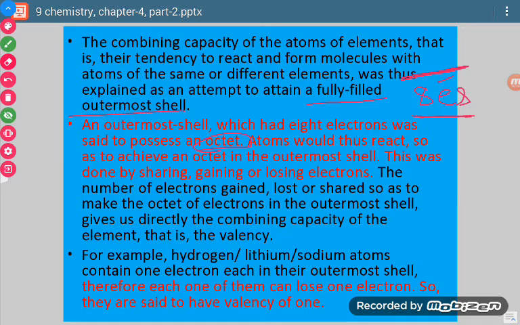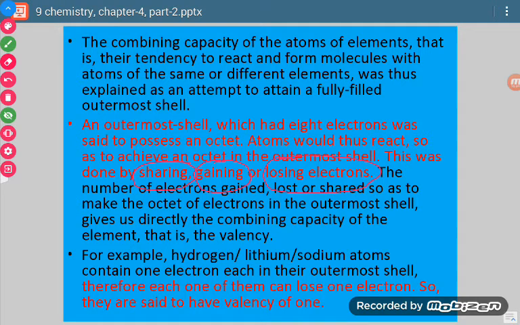So how can an atom complete its octet, or how can an atom have 8 electrons in its outermost shell? There are only 3 possibilities. First is by sharing of electrons, or by gaining electrons, or by losing electrons.